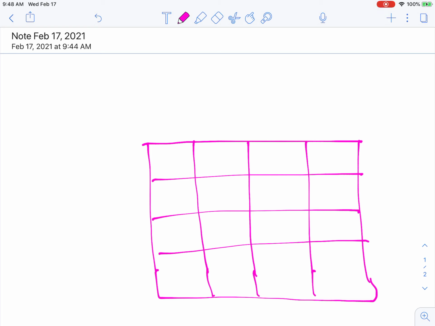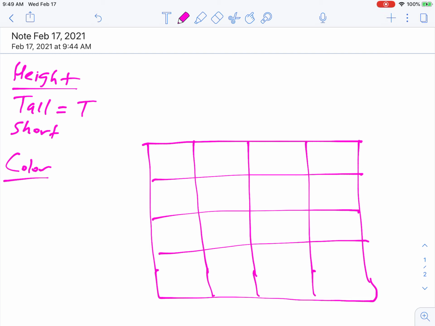Part of the problem for people who get confused is figuring out how to set up the problem in the first place. The first thing you should do is have a key. So let's say that I have height as one of my characteristics, and let's say the other one is, I don't know, color. For height, we'll call tall dominant, and short recessive. So I'll make tall capital T, I'll make short lowercase t.